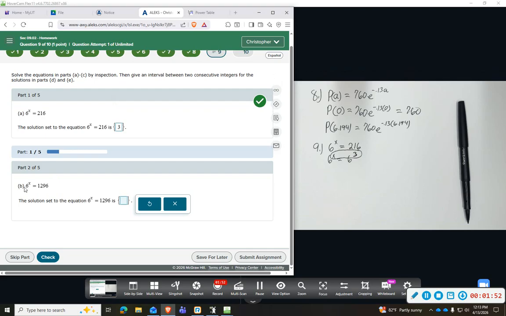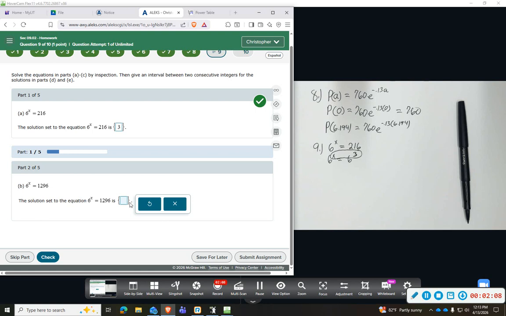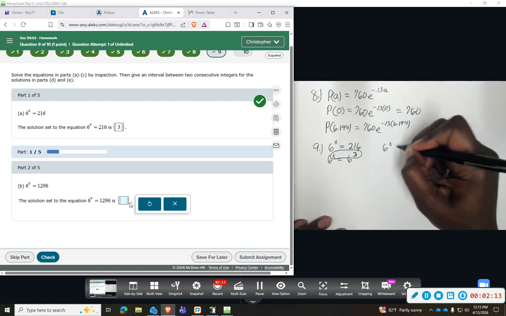Alright, so for 6 to the x power equals 1296, same thing, I'm going to look in the power table down the column where 6 is raised to some power, and we get 6 to the 4th power is 1296. This is kind of like the by inspection method.